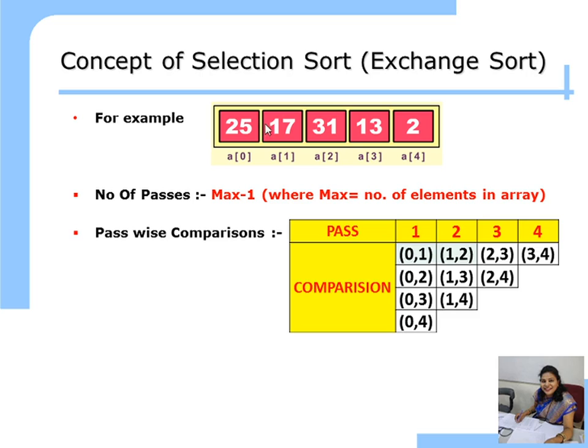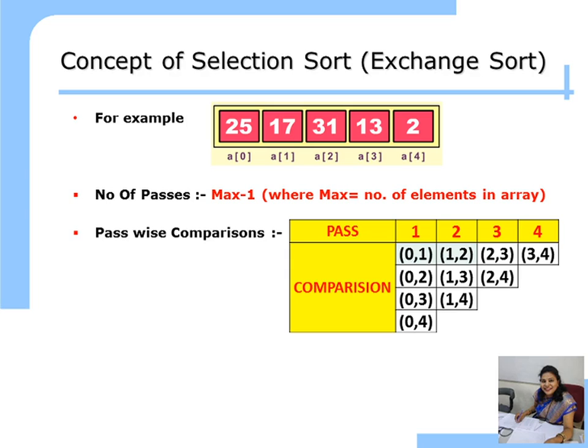In selection sort, we compare the zeroth element with 1, zeroth with 2, zeroth with 3, and zeroth with 4. In the second pass, we compare the first element with the second, first with third, first with fourth. In the third pass, we compare the second element with the third and second with fourth. And in the fourth pass, we compare the third with the fourth.